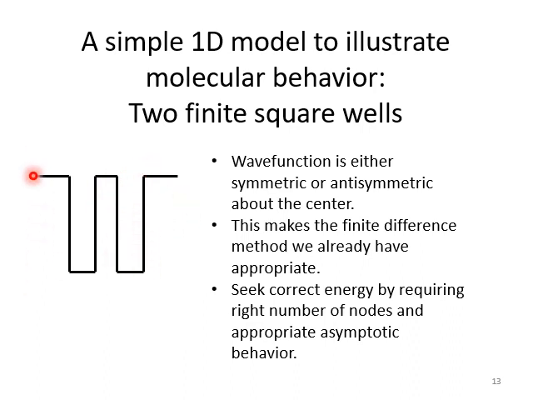So this is the potential on this axis. The energy of the bound state will be somewhere in here, for example. And what we want to think about is what the wave functions might look like for this system and how they might depend upon the distance between the two quote-unquote atoms.